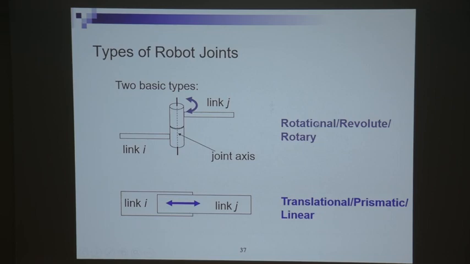You may come across, instead of me calling it a rotational joint, I may call it a revolute joint. They all refer to the same thing. And then a translational joint will typically be represented in this manner. You have link 1 and link 2. The direction of motion will only be in these directions. So if you look at these joints, you can see that they are essentially one dimension.